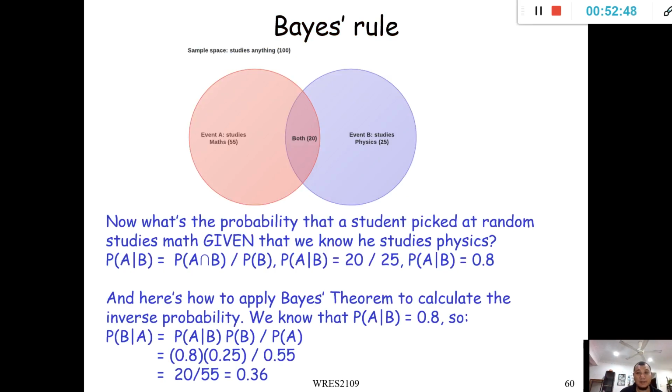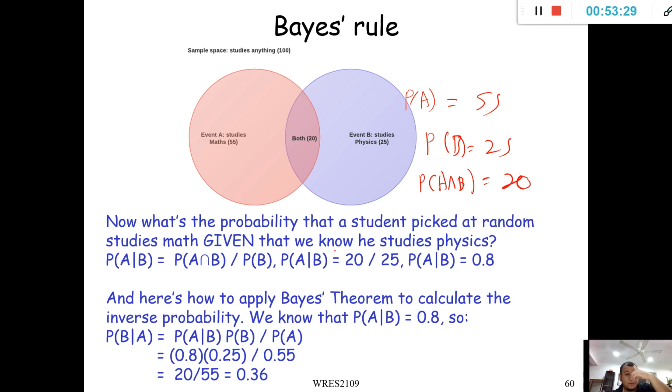Bayes' rule again. Now consider the probability that a randomly picked student studies math given that we know he studies physics. You have event A and event B. P(A) is 55, P(B) is 25, and P(A and B) is 20.